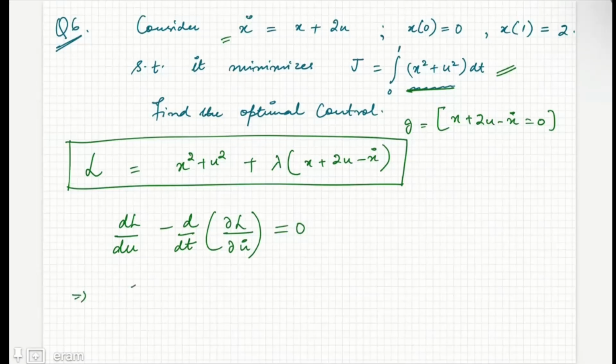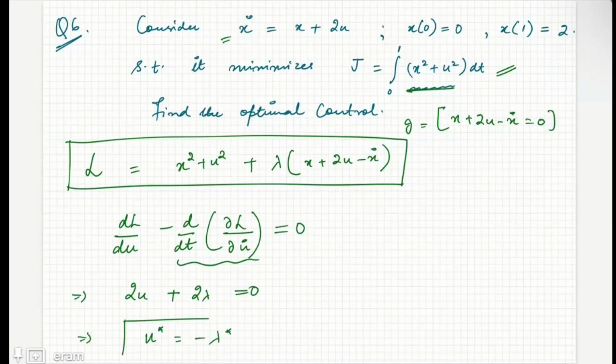That is given as 2u plus 2 lambda. Since there is no u dot, the other term goes to 0, so it equals 0. So the optimal control u star is nothing but minus lambda star.